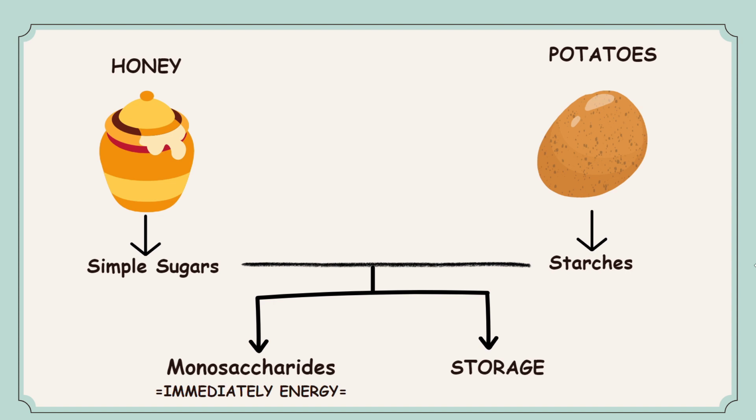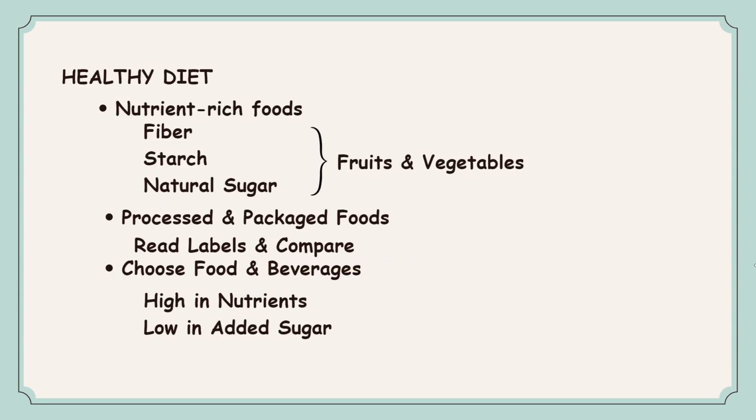All digestible carbohydrates ultimately end up as their component monosaccharides, which the body can use immediately for energy or store for a rainy day, depending on what the body needs. This is true whether the carbohydrate originates from simple sugar like honey or from starches like baked potatoes.